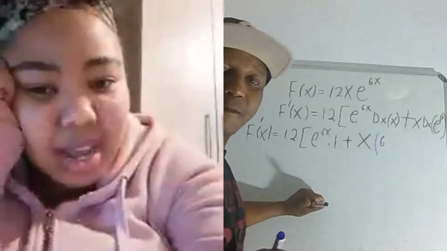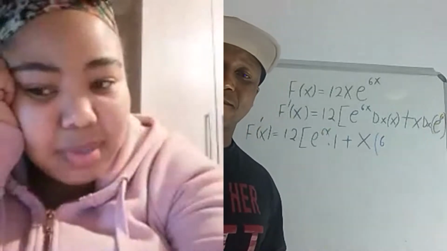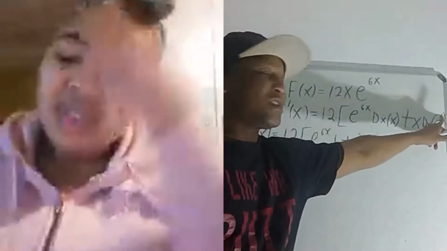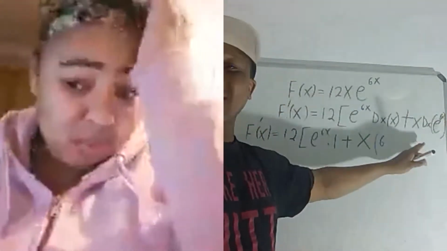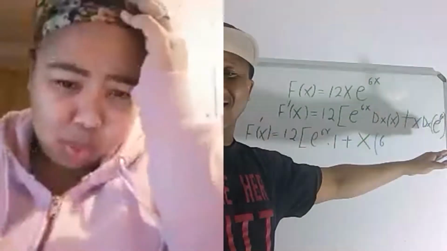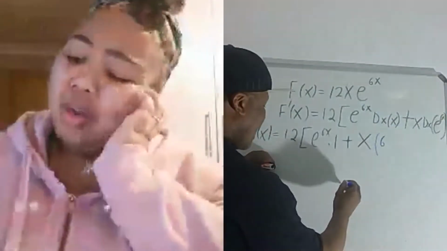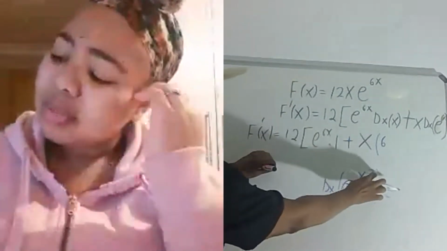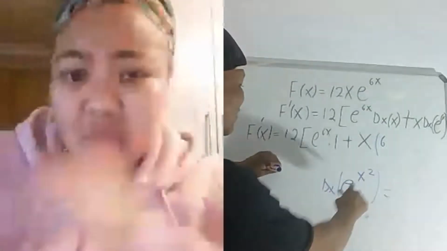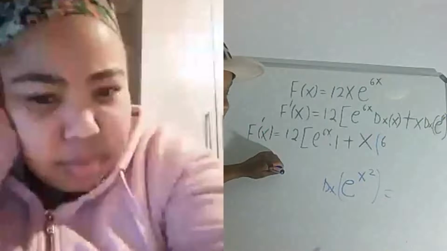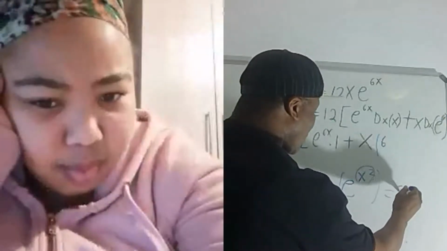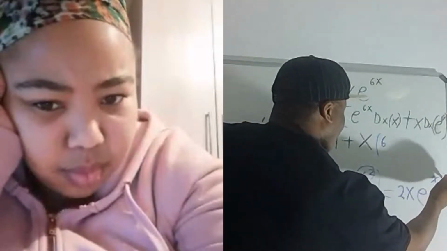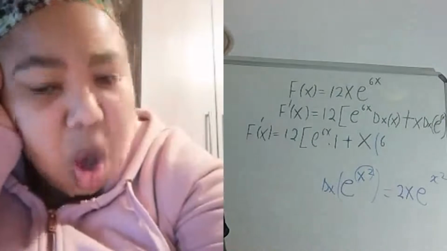We write exactly e to the power of something. If somebody gives you e^(x²), you differentiate whatever is on top, which gives us 2x, and then you write exactly what you have there.